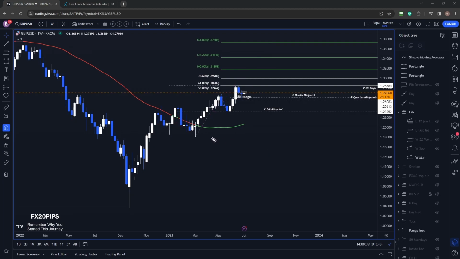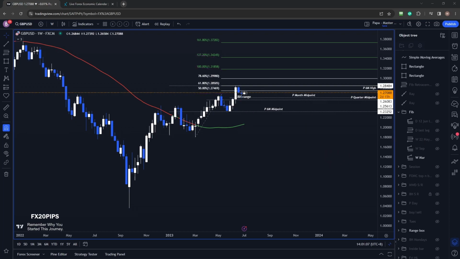So for the weekly from March, we are just looking at this small leg here, because it has also broken through here. So this is the A, B, and C. Up, down, and then if you take the 100% extension from here, we should be looking at 1.31858.